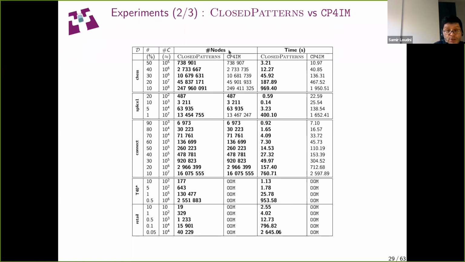As you can see, closed pattern has this nice property because it can tackle very large datasets like those related to retail, T10 or Connect, for instance. Here, CP4IM gets out of memory every time, while our global constraint closed pattern is able to extract all the closed frequent patterns.